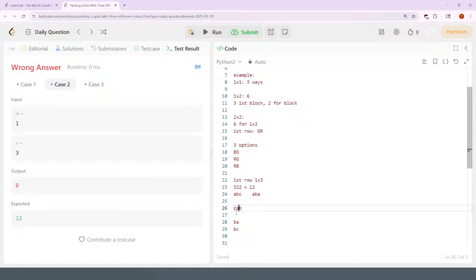C can't be B here, can't be C here. BA can't be A here, can be B, cannot be C. So CAB.